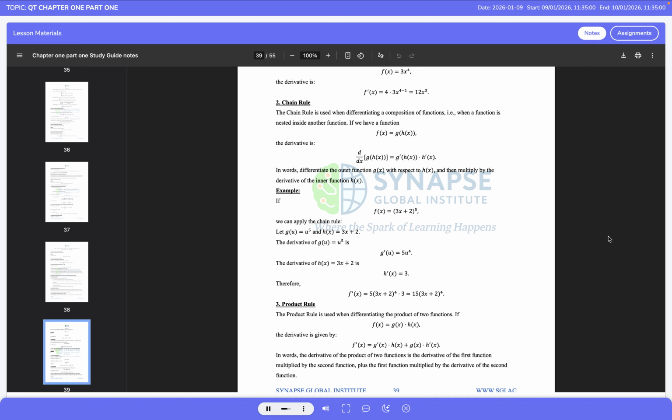To differentiate this function, we first differentiate the outer power, giving 5(3x + 2)⁴, and then multiply by the derivative of the inner expression, which is 3. The final derivative is 15(3x + 2)⁴.